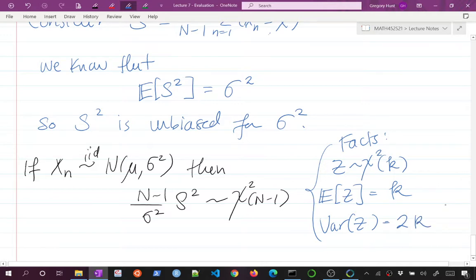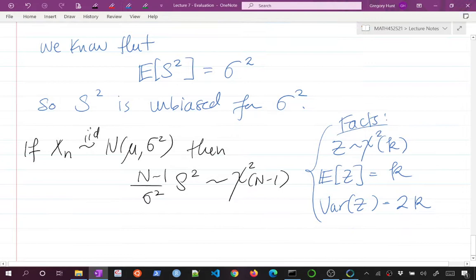Basically, the chi-squared is exactly a certain gamma distribution, so you can go back to prove that by showing it's a certain gamma distribution. In any case, some facts that are generally worth knowing. You don't have to memorize them, but if something has a chi-squared distribution, the expected value is just the degrees of freedom, and the variance is twice the degrees of freedom.